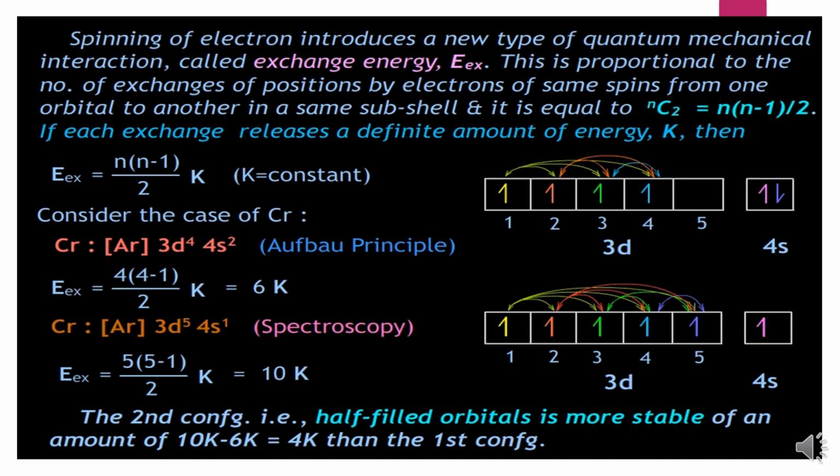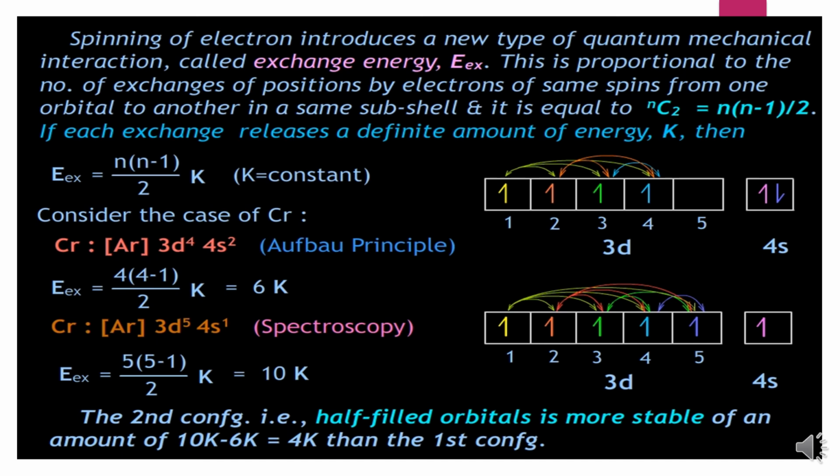So we can compare with the number of unpaired electrons here. In the case of 4 unpaired electrons, this energy will be 6k, whereas in the case of 5 unpaired electrons, as in chromium, this energy would be 10k. So the higher the magnitude of exchange energy, the more stable the configuration because of lower energy.